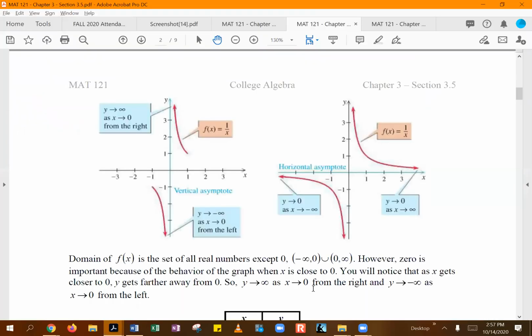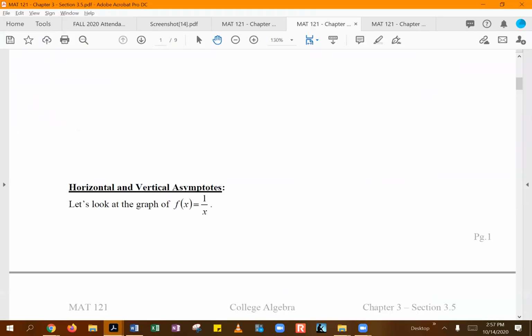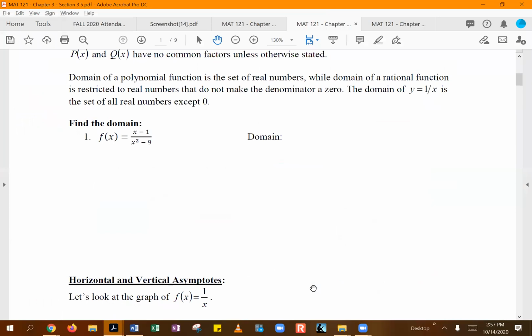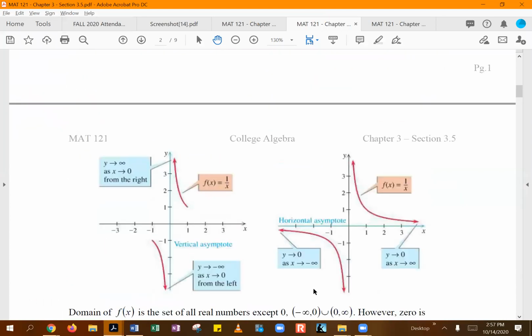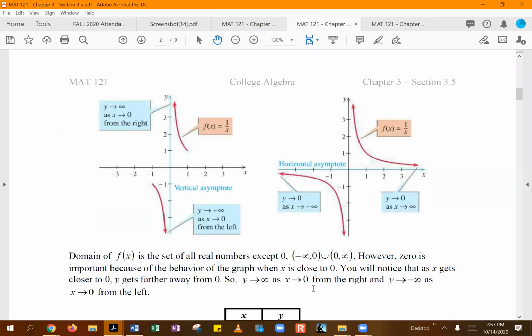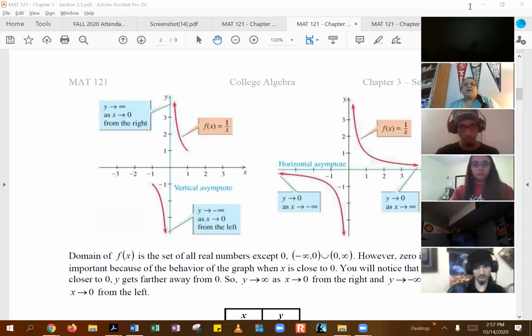Alrighty, so as I was telling you, in the same location where your denominator becomes a 0 is the same location where you will see the existence of vertical asymptotes. Now, when we talk about asymptotes, keep in mind, these are imaginary lines. They're not actually part of your graph, but the behavior at the asymptote tells you that there's an asymptote there.